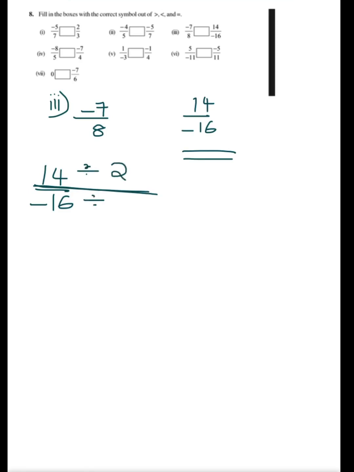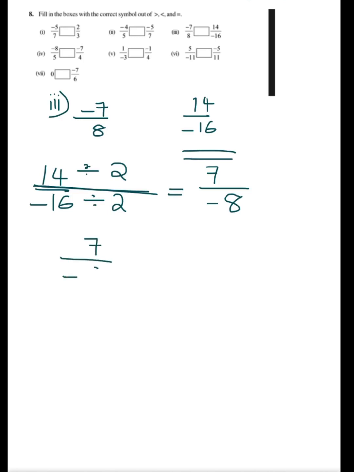Suppose I am taking 2 and dividing both numerator and denominator. Now what is 14 divided by 2? 14 divided by 2 is 7. Now what is minus 16 divided by 2? Minus 16 divided by 2 is minus 8. So you got the answer as 7 by minus 8.